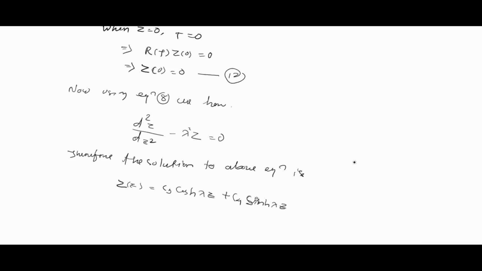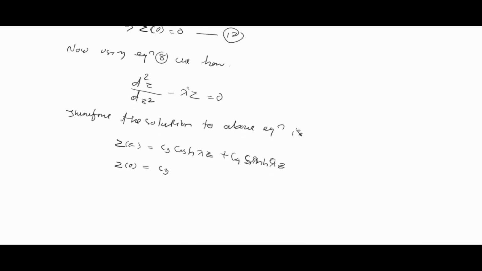Let us take z is equal to 0. What will we get? Cosh 0 is 1, sinh 0 is 0. So this will become 0, we will get only C3. Z0 is equal to C3.